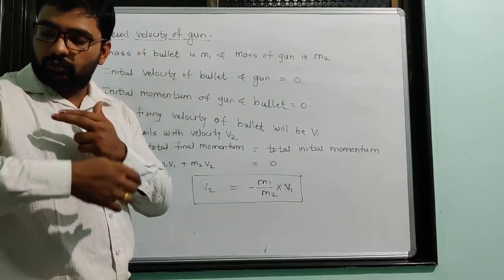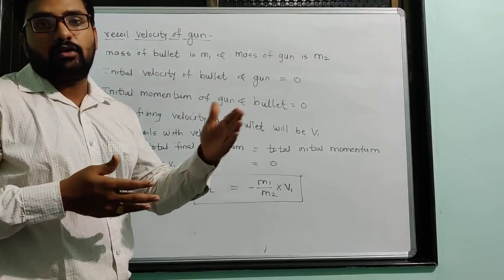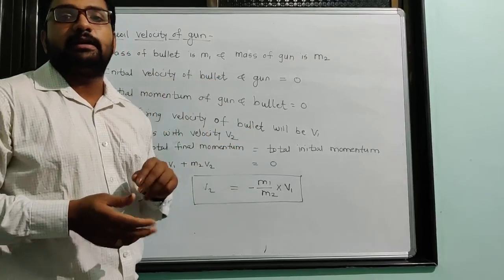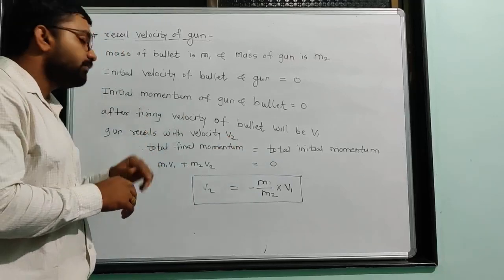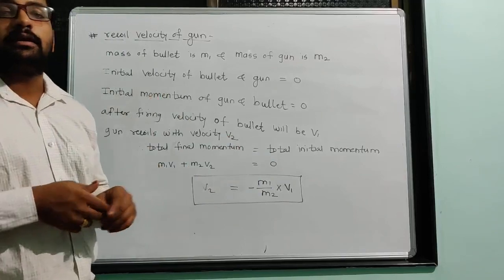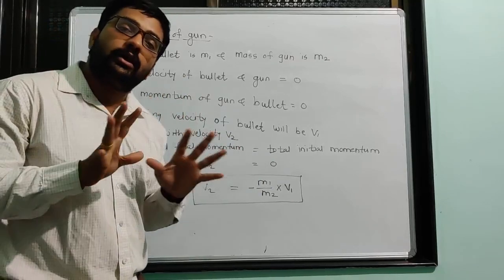That is why we have to hold the gun on the shoulder when firing, because it always recoils. Equal and opposite forces are there. So the backward motion of a gun after firing the bullet is simply called recoil.